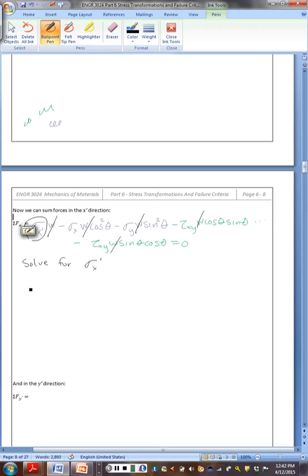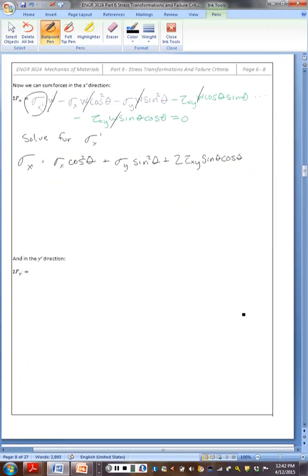So isolate for sigma x prime, and we get sigma x cosine squared theta plus sigma y sine squared theta, and plus 2 tau xy sine theta cosine theta.